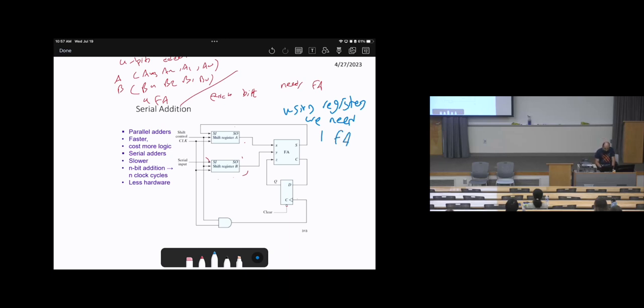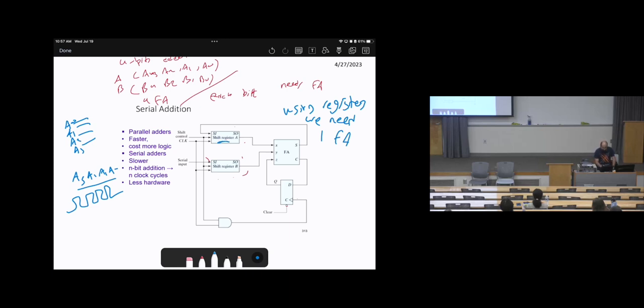How? We have, for example, these bits. Instead of adding them in parallel as A0, A1, A2, A3, we will add them as serial inputs: A3, A2, A1, A0. Each one will be updated by a clock, and that's what is happening. So instead of being parallel, they will be in series. Then each one will be added. Then we shift the register.